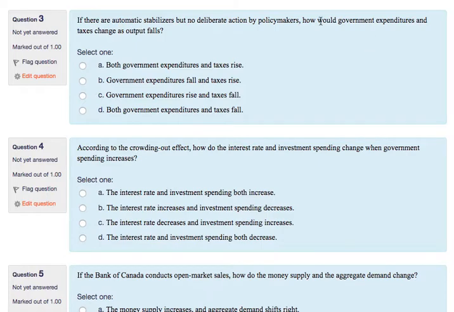So for things to help as we're going through recession, we would expect that as output falls, government expenditures would rise to help the recession, and taxes would fall to help people that have difficulty when they lose their job.